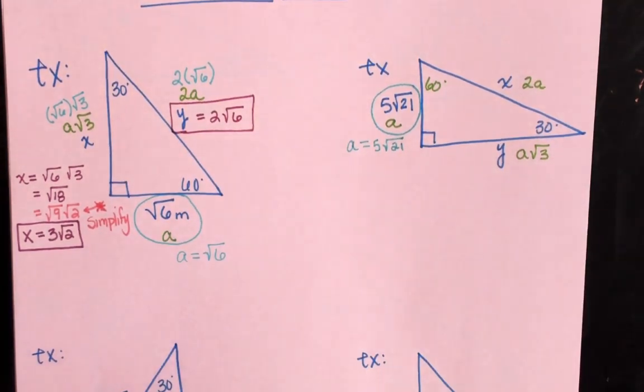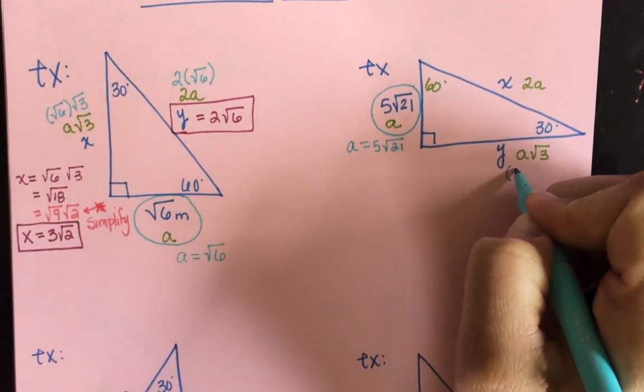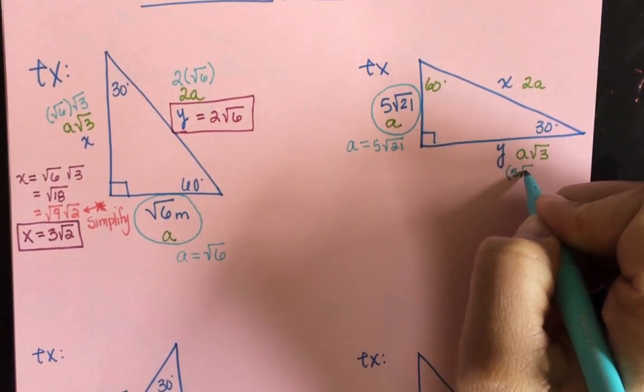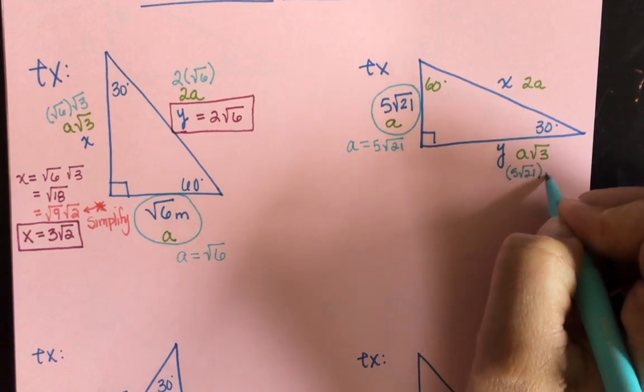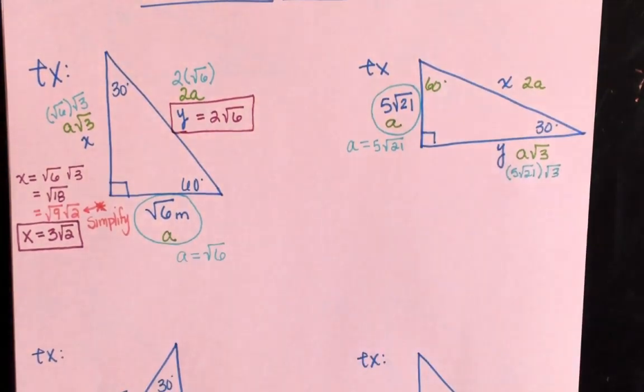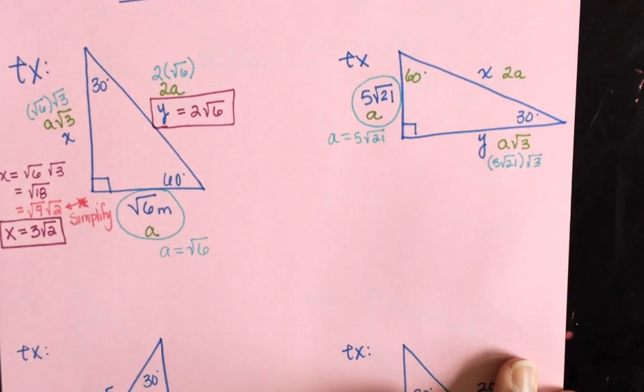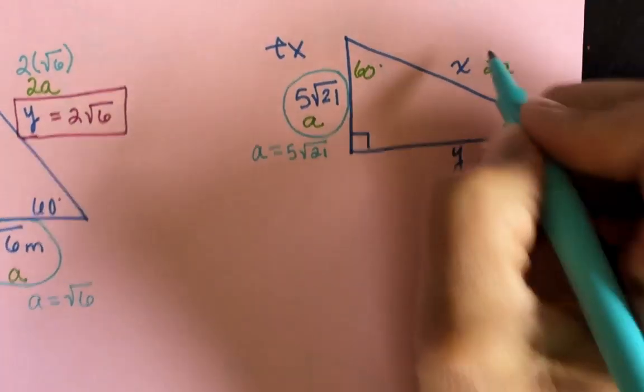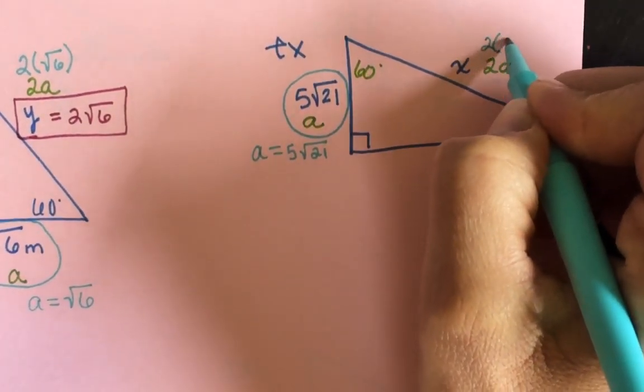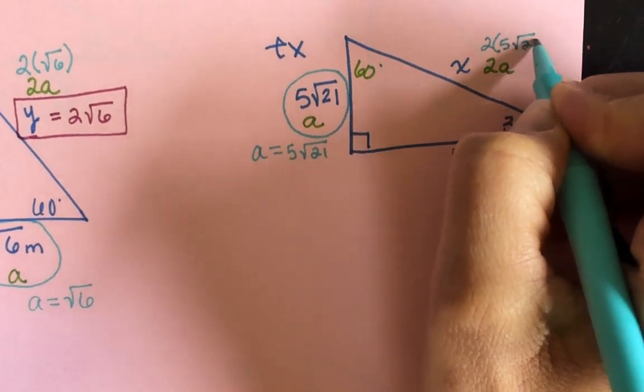No extra work needs to be done. So I need to remember that I'm going to plug in our 5 radical 21 for A, and we still have our radical 3. And I'm going to plug in our 5 radical 21 over here.